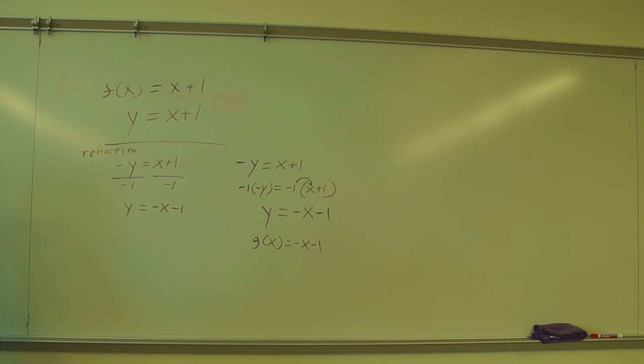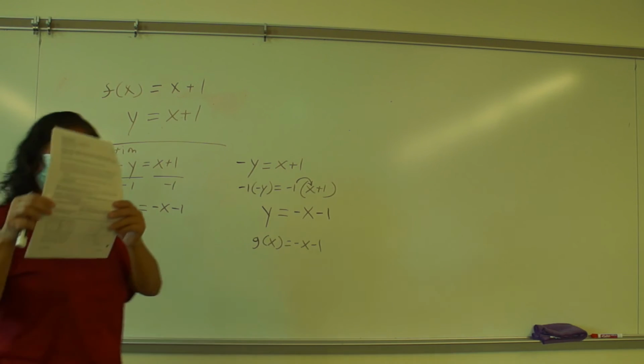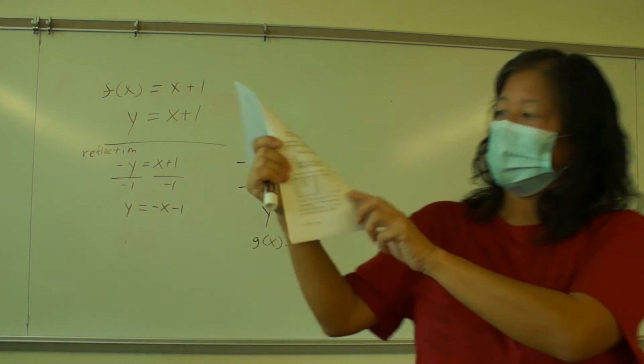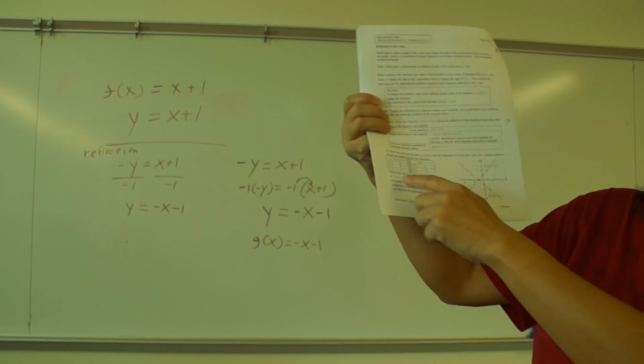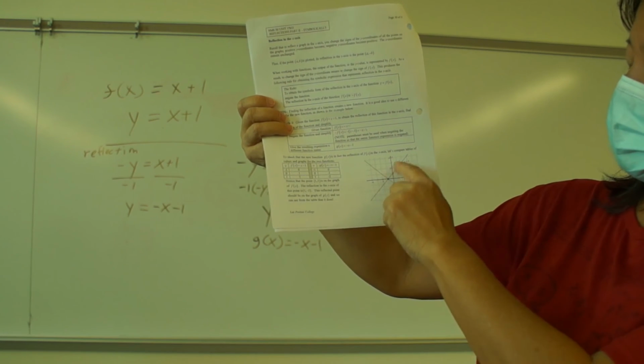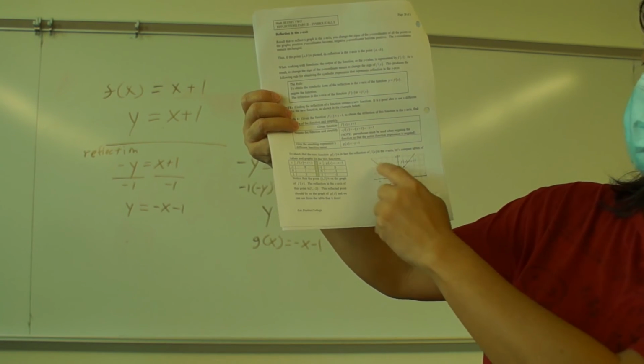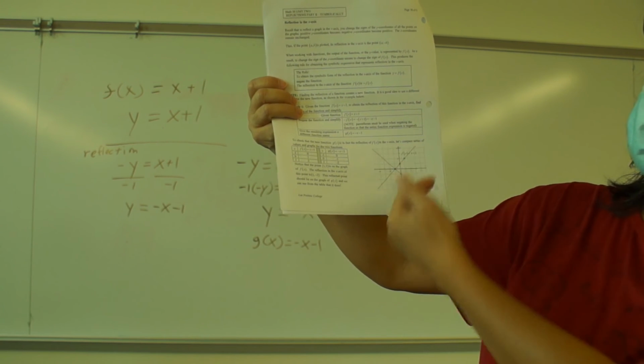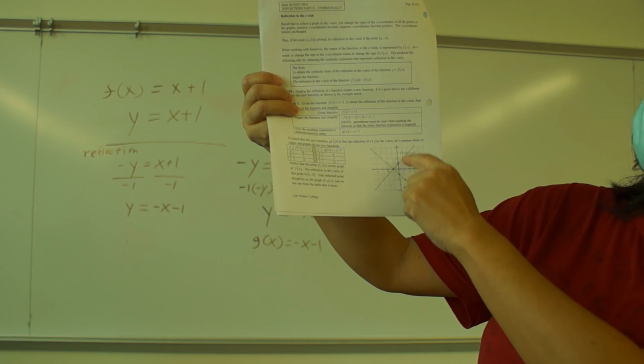How you guys doing with this, okay? And if you look down below, the table down below, you'll see here are the points from the first one. And then if we reflect across the x-axis, you can see where they hop down to here.